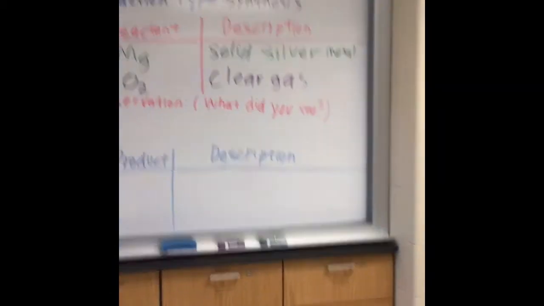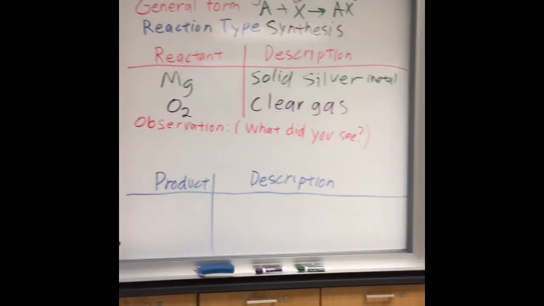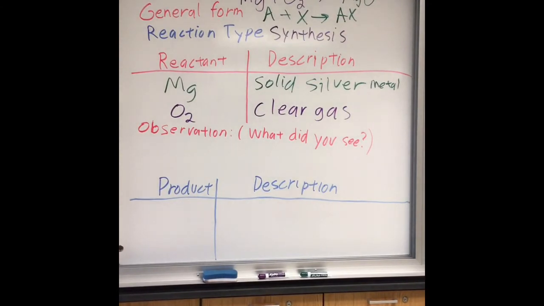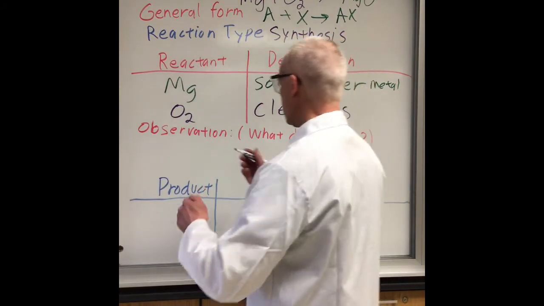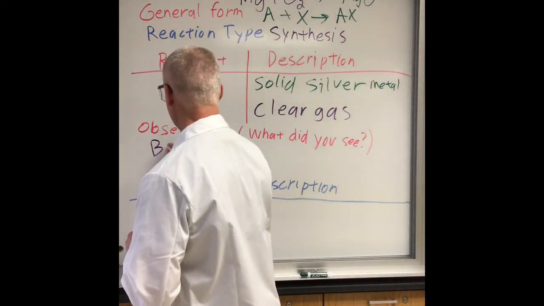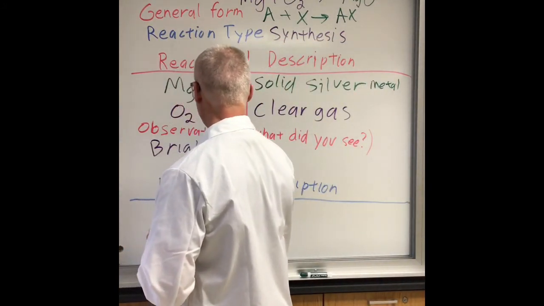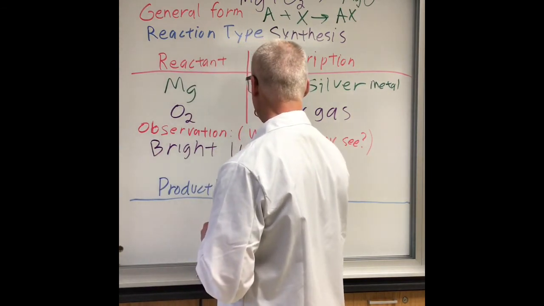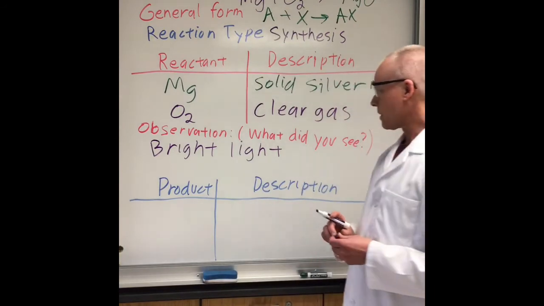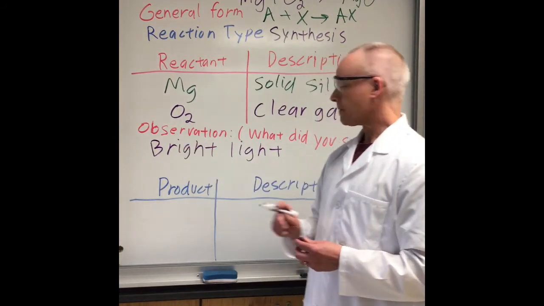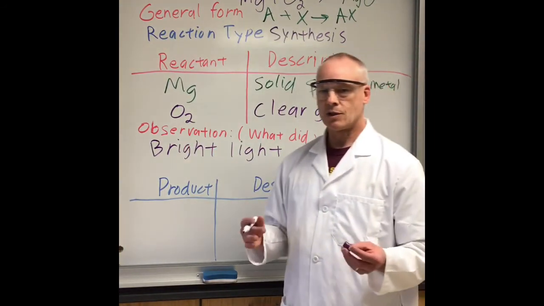So now if we go back to the board here, you can write your observation. You can say bright light. You definitely saw a bright light forming there, and not much else.